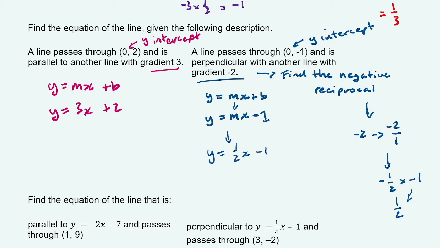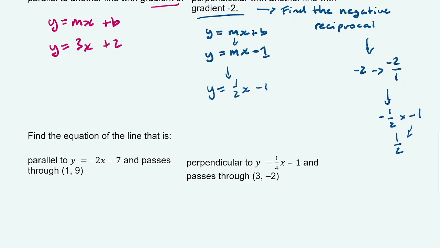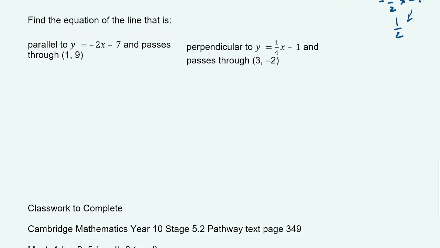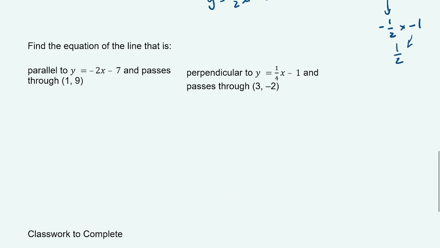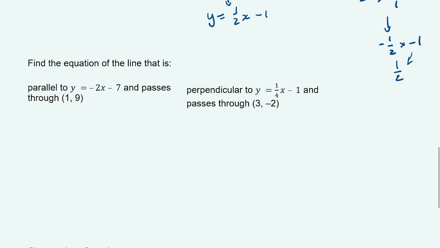Alright, last examples here. Still finding equations of a line. We want one parallel to y equals minus 2x minus 7, but passes through 1, 9.